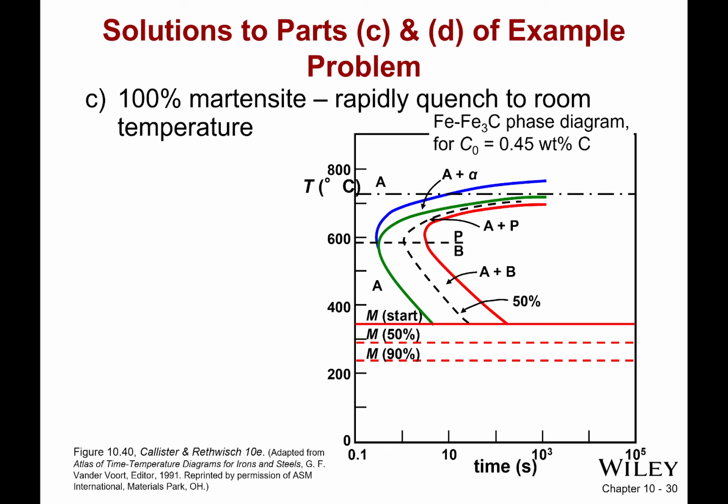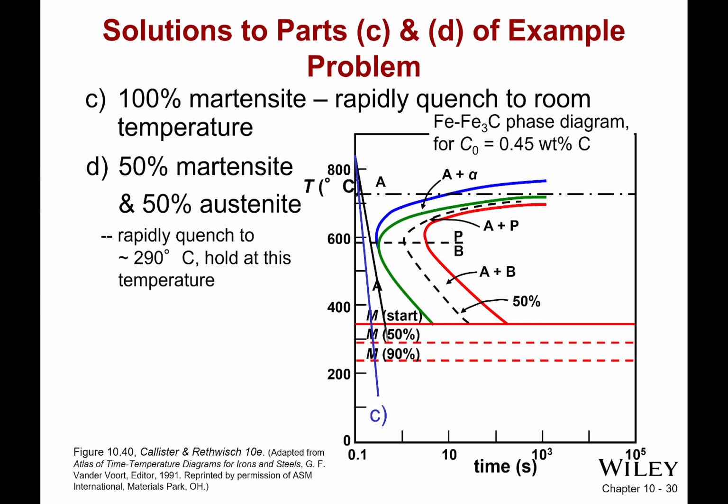Okay, 100% martensite, just get it quickly to room temperature. Stick it in that ice cold water and hope it doesn't shatter. And then what about 50% martensite and 50% austenite? Here's the thing. Earlier I told you that you can keep the austenite if you just cool down quickly enough. What I think I forgot to mention, though, is that if you want to keep the austenite, you've got to stay at that temperature forever.